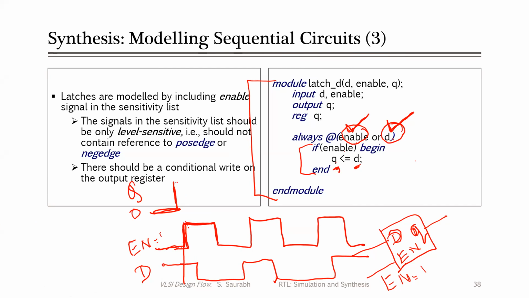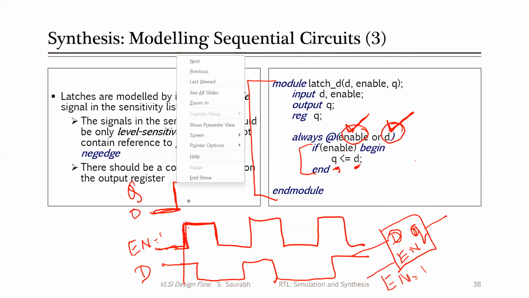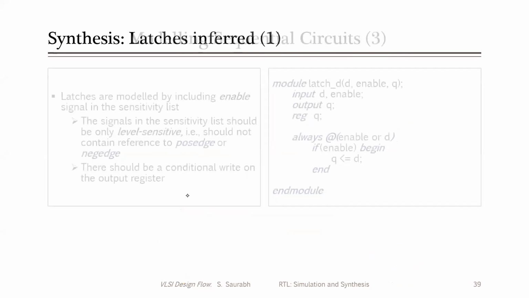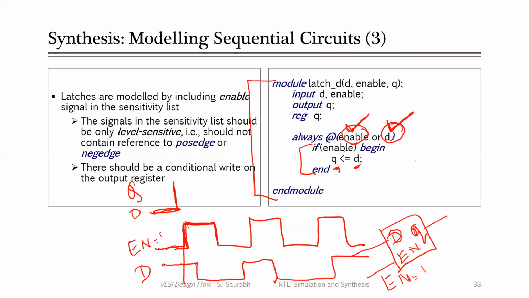So it was 1, so it will reach 1, and then whenever D became 0, it should be captured at the output, right? So this transition should also be captured.